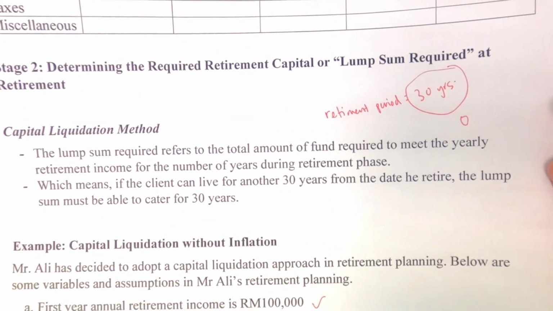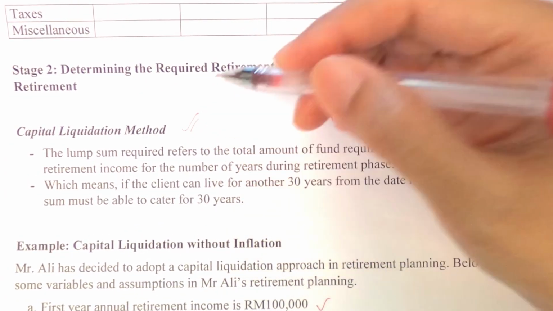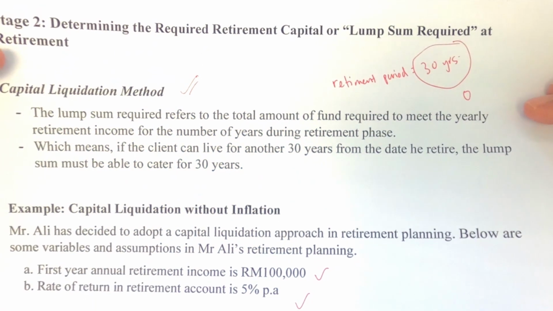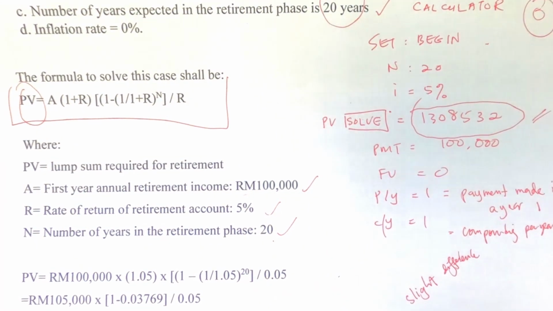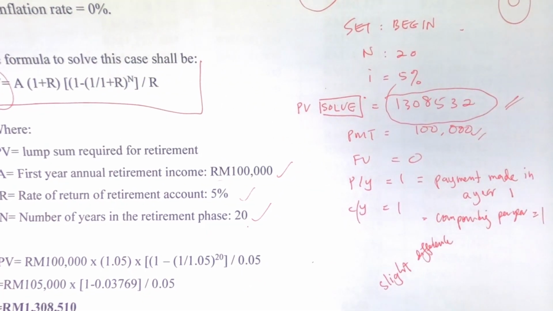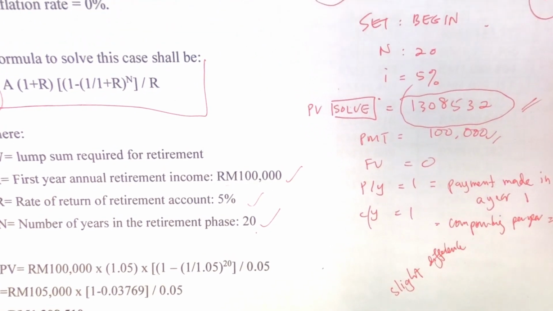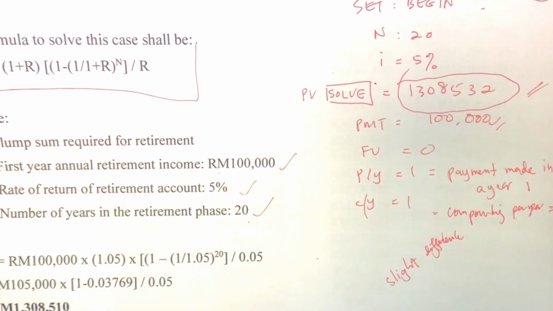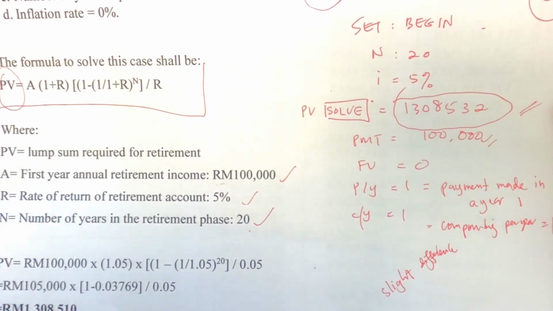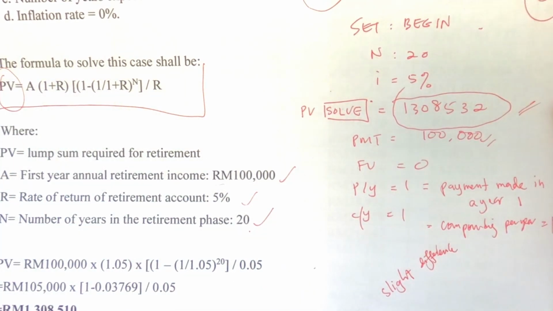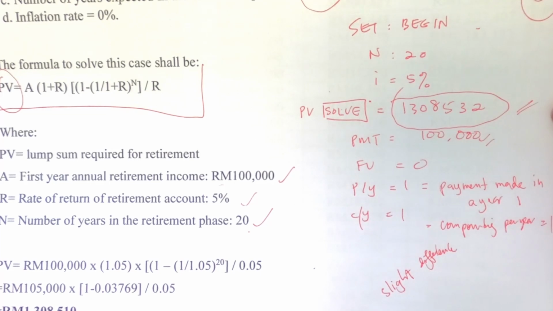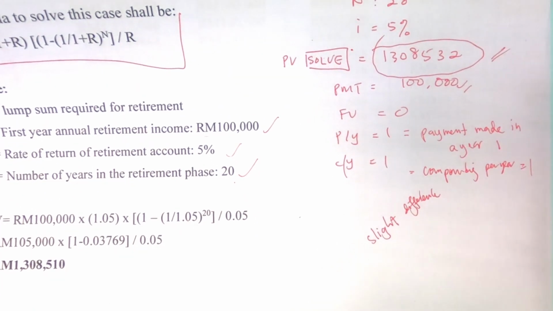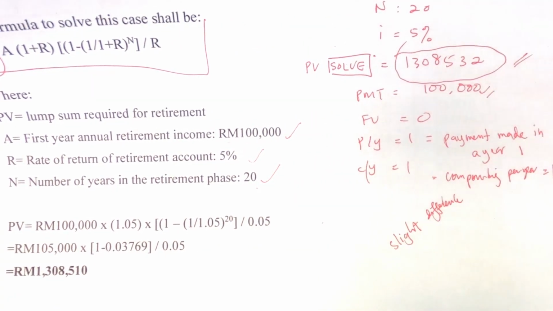If you remember the calculation on the capital liquidation method that we already discussed before, where we set that the payment per year is 100,000. Once we calculate using the formula, we can see that the total of income or the capital liquidation or the lump sum needed for the purpose of retirement using capital liquidation method is 1,308,510.